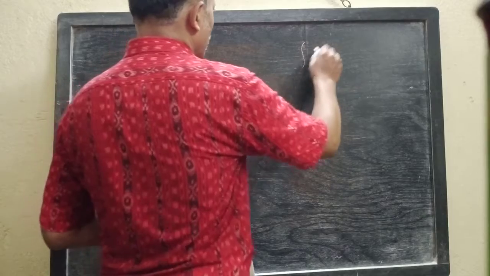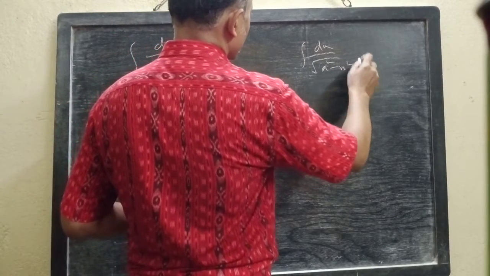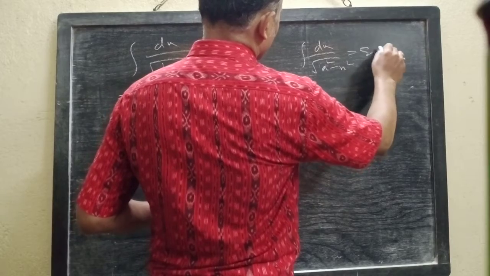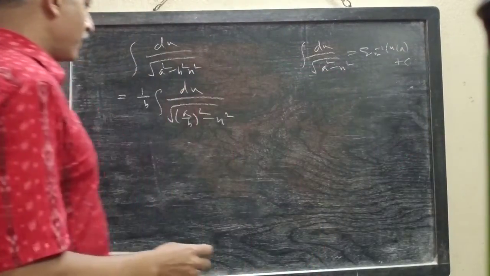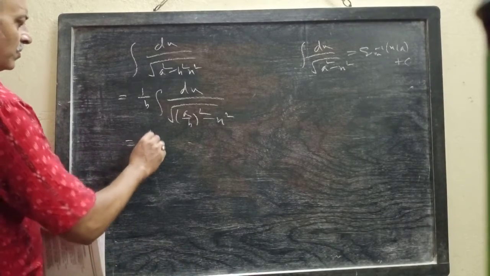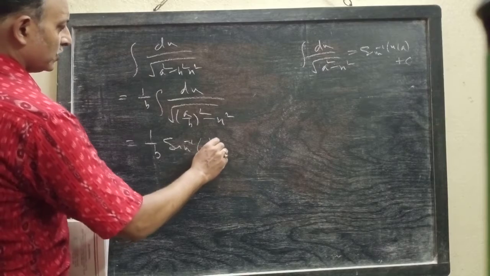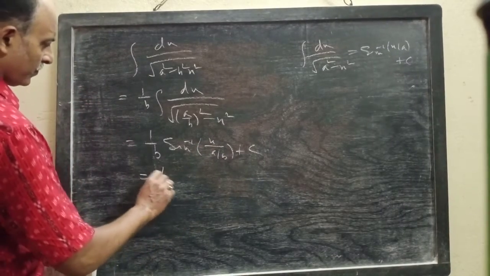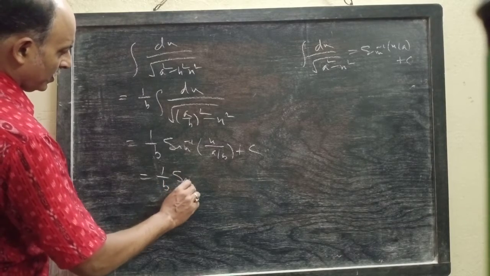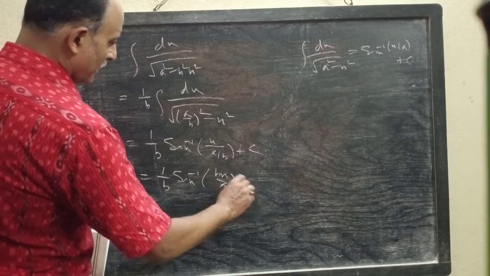Now, because of the formula dx by under root a square minus x square, this is sin inverse of x by a plus c. So here it will be 1 by b sin inverse of x by a by b plus c.